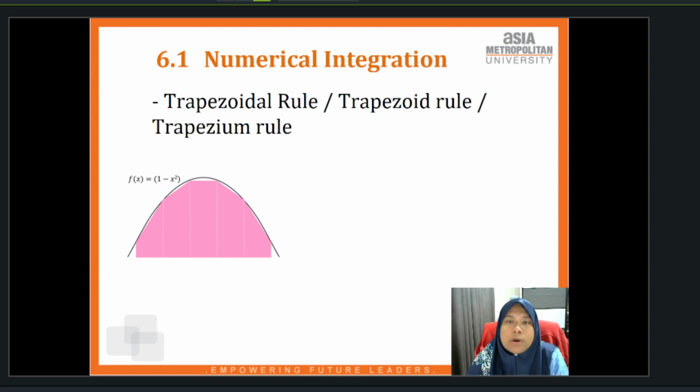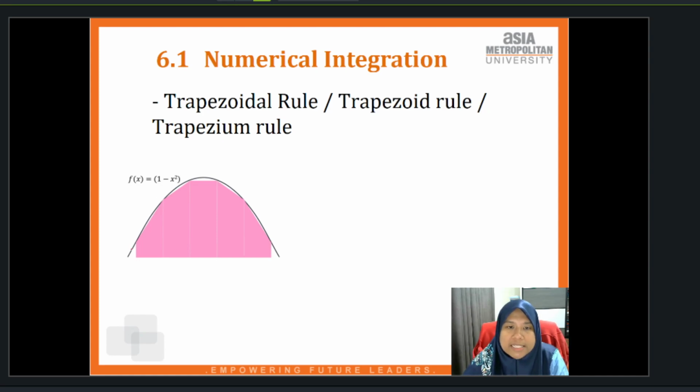You learned this before in SPM Form 5, which is the application of integration. If we integrate a function, we are going to get the area under the graph from where to where, isn't it? Alright, so now you are going to find the area under the graph, not using integration, but using trapezoidal rule.